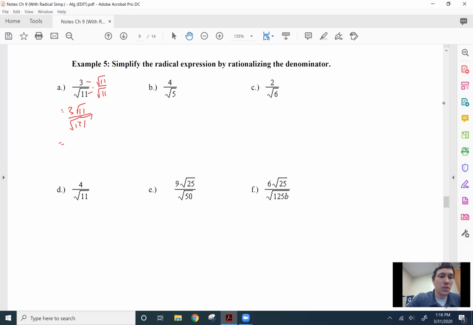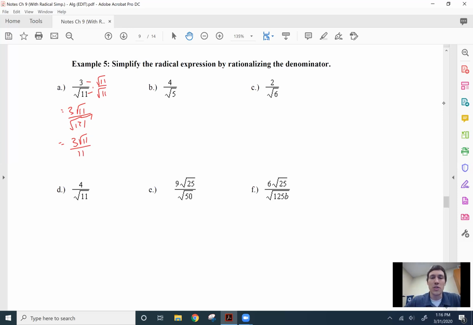Now, if I get square root of 121, what's the square root of 121? 11. Mr. Dorr, don't you just take 11 divided by 11 and then that's 1? No, because there's a difference. There's a square root of 11 and there's 11. Those are two different things. Square root of 11 is not divisible by just 11.